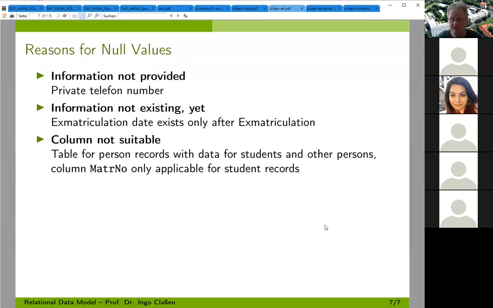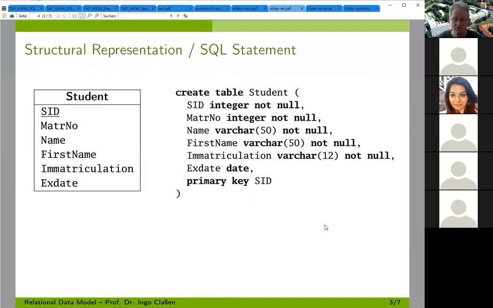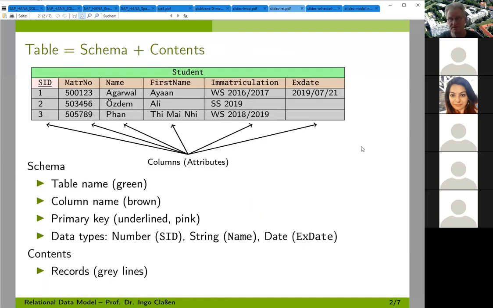So now let's discuss a little bit this null values topic. Once again, switch back here. We have this exmatriculation date here. If a column has no value, we call it a null value. Null value is actually no value.